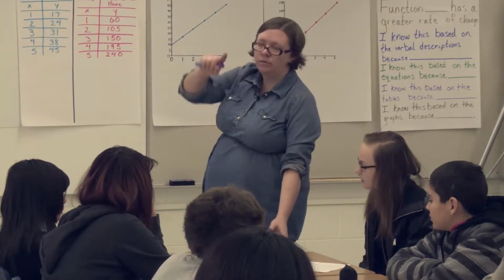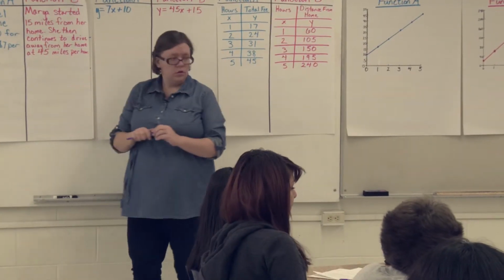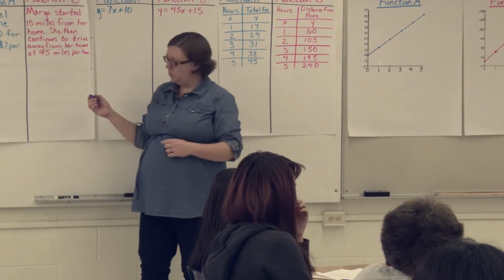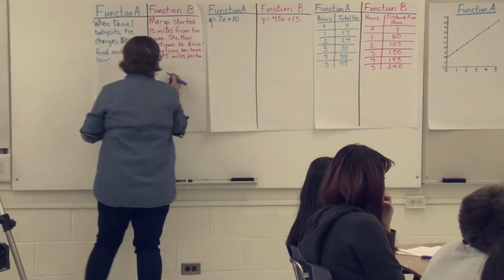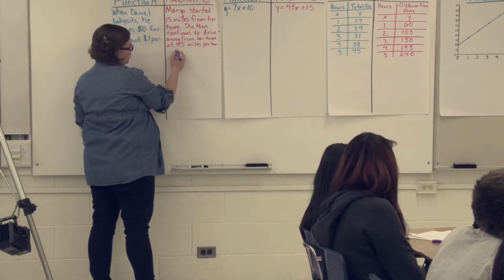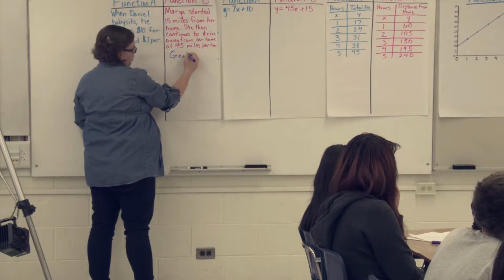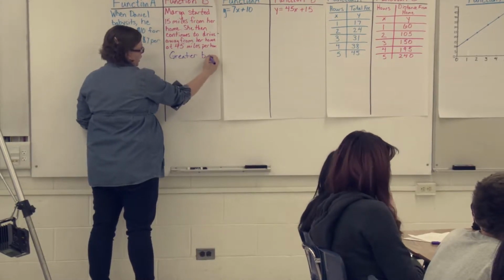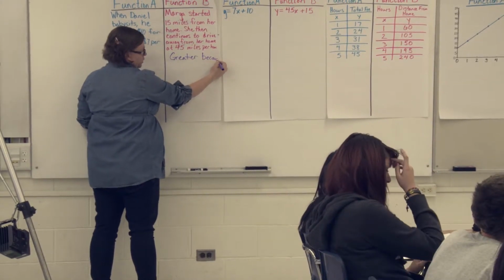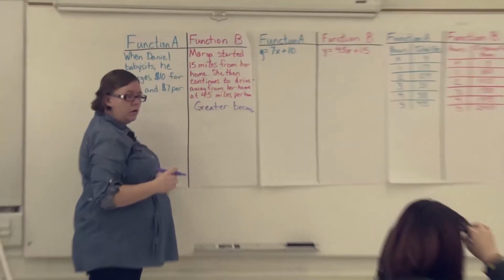Say it one more time so that these gentlemen can hear you back here. Table B has the greater rate of change because in the description they are going up a lot faster than table A. So this one's greater because what's going up faster? The rate of change.